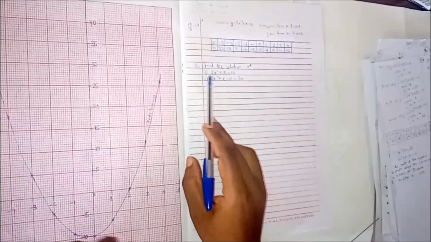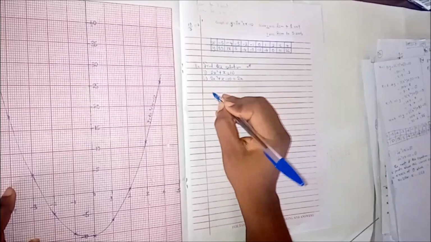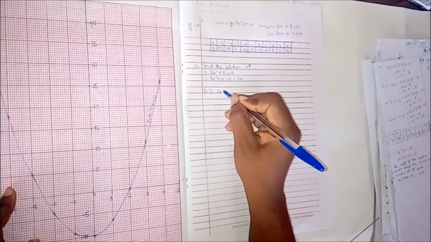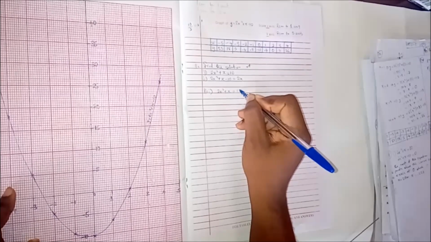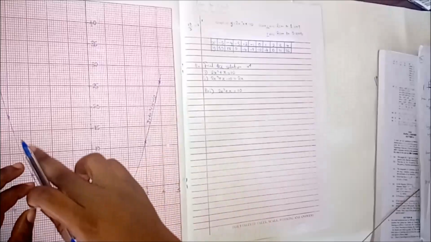All right, to find 11C(i), we have 2x squared plus x equal to 10. It says we should find the solution of this using our graph.